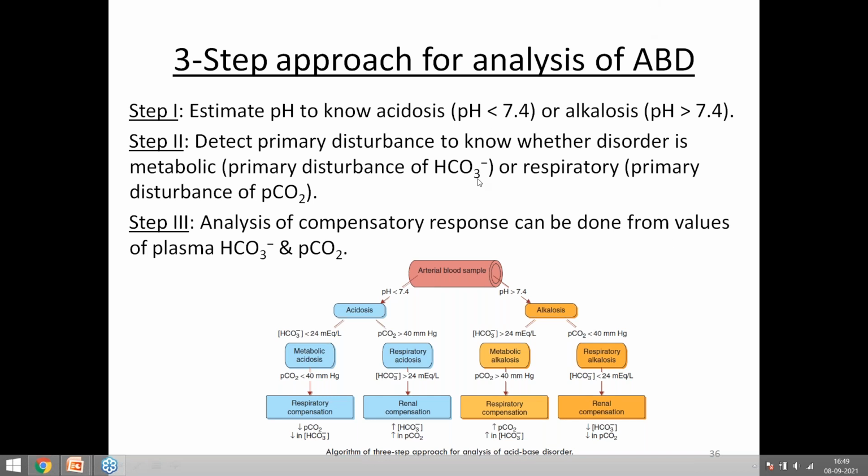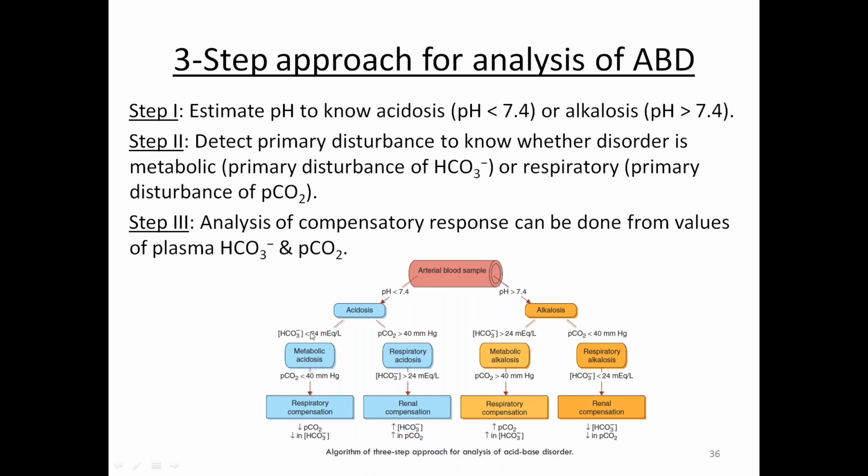So, one example that we can start with is, for example, you get a pH of 7.3 from your arterial blood sample. So, where does that lead us? Acidosis or alkalosis? 7.3, less than 7.4, would be acidosis. Next step, what you can do is look at the bicarbonate ions.